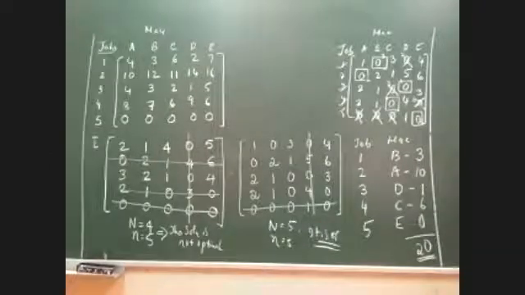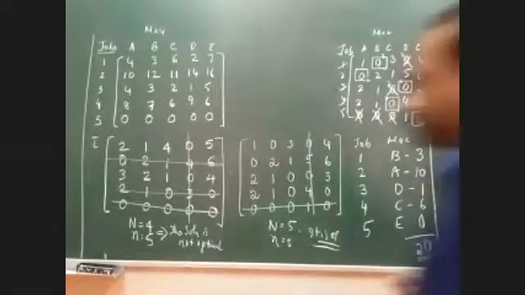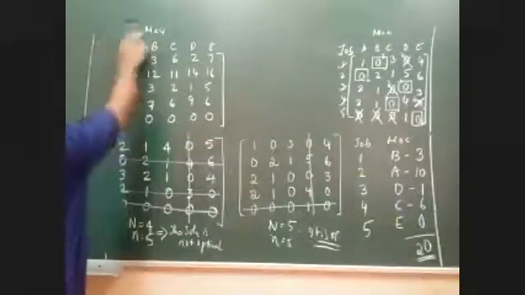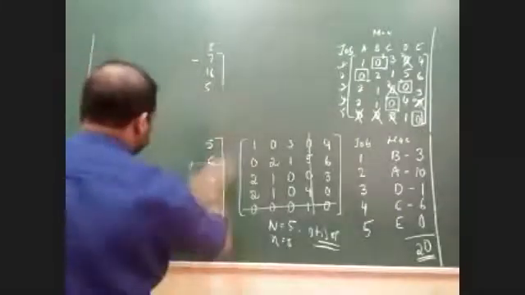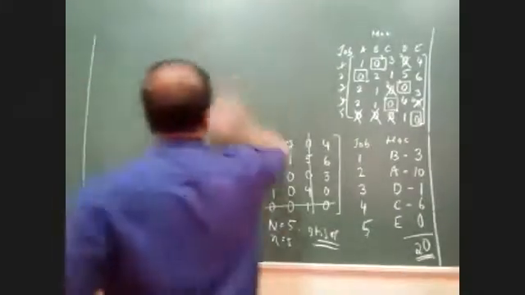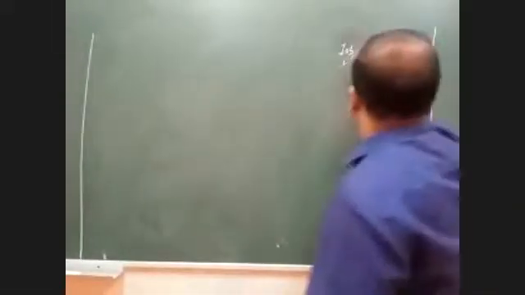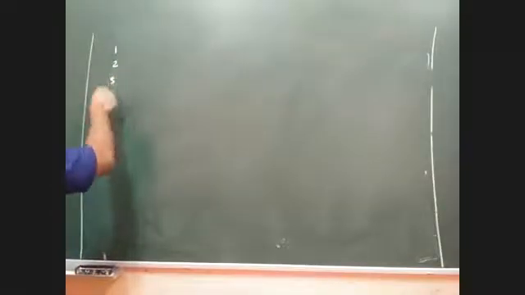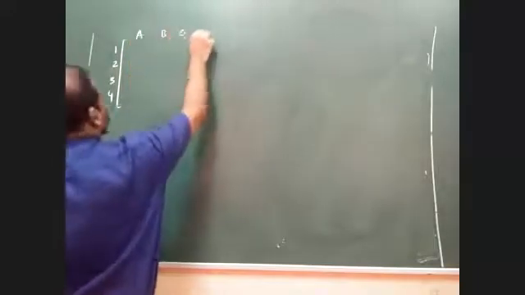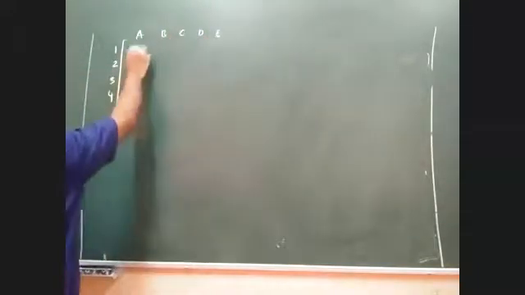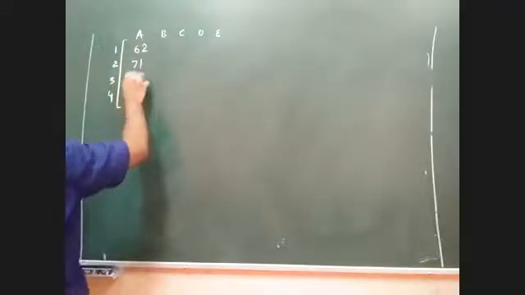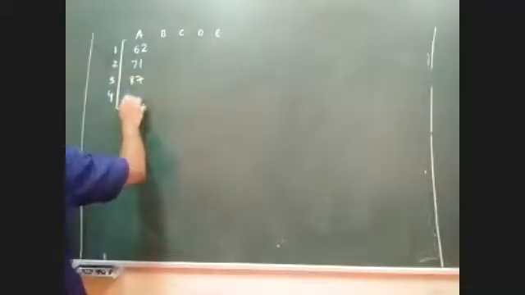Okay, let me take this question now. So there are totally 4 mechanics: 1, 2, 3, 4. This is what the question says. And the 5 jobs are there: A, B, C, D, and E. So the first column values are 62, 71, 87, and 48.